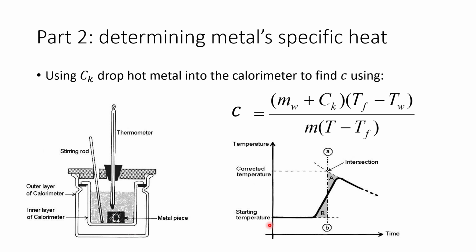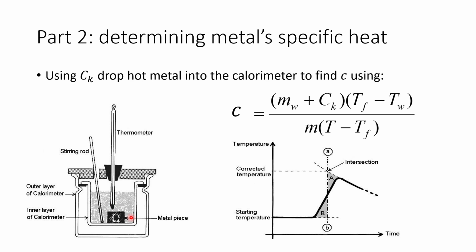First of all, initially you would start from water at room temperature, and then you let it sit there until the temperature is completely stable. Once you start at the beginning, it's just water sitting in the cup, so it's going to stay at a constant temperature.